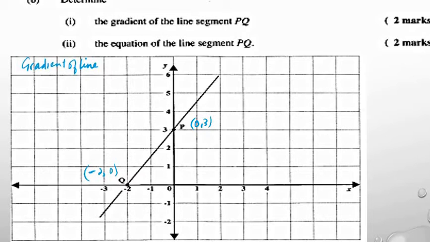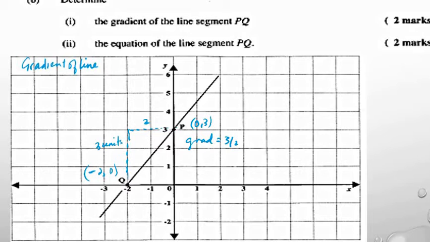If I take these 2 points here, as I proceed upward I go vertically by 3 units, and then to meet the line I go across by 2. So the vertical over the horizontal, my gradient from this is 3 over 2, right?